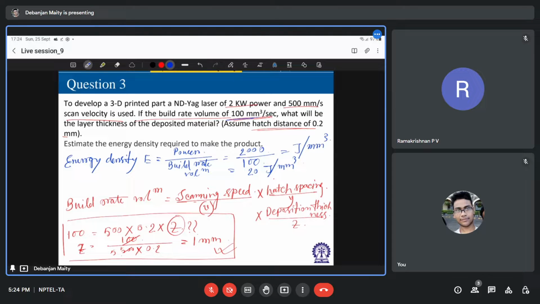Right? So it was a simple, short kind of numerical. There should not be any confusion as such.